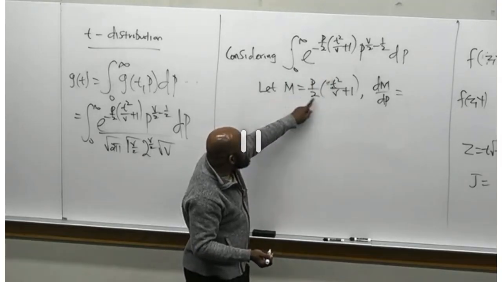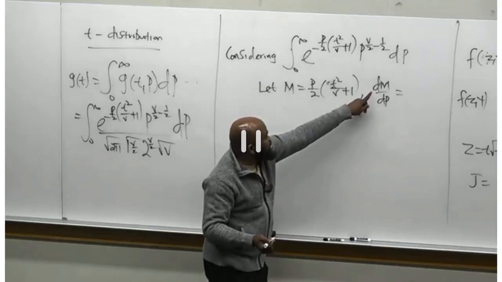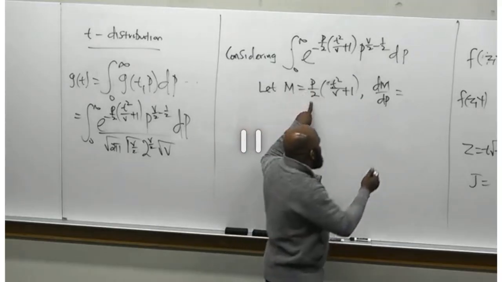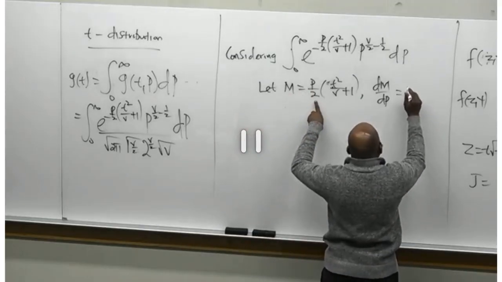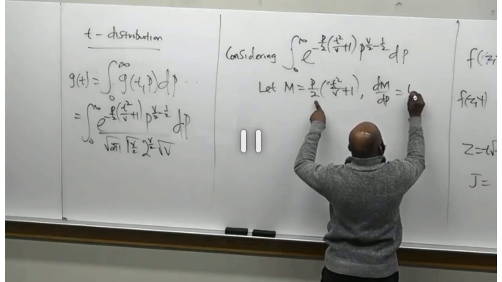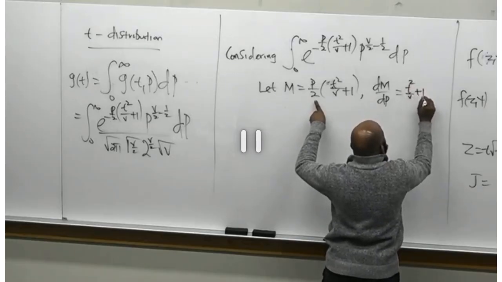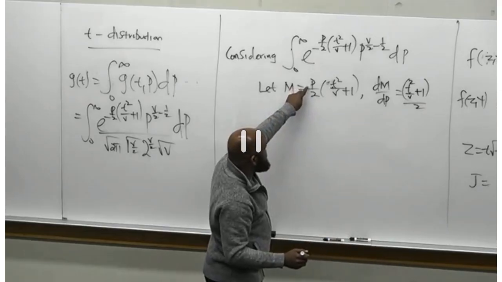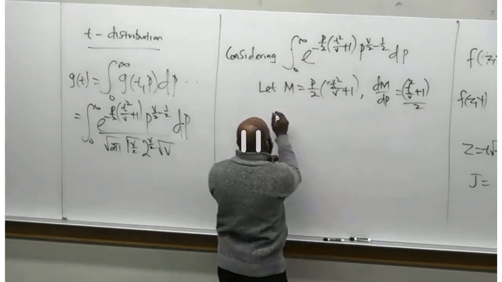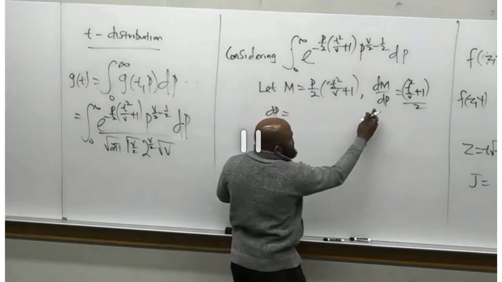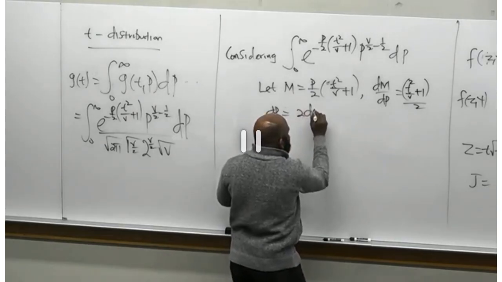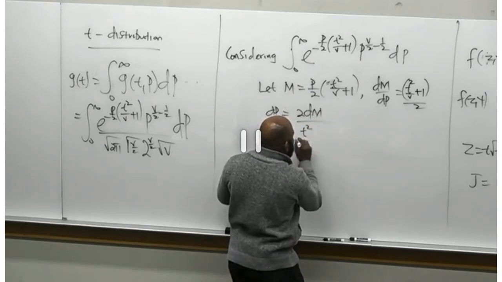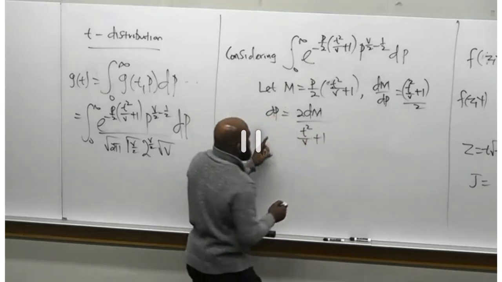What is dM? dM is going to be t squared over V plus 1 divided by 2, dP. When I differentiate this with respect to P, I'm going to have this. So what is dP here? dP is 2 dM divided by t squared over V plus 1.